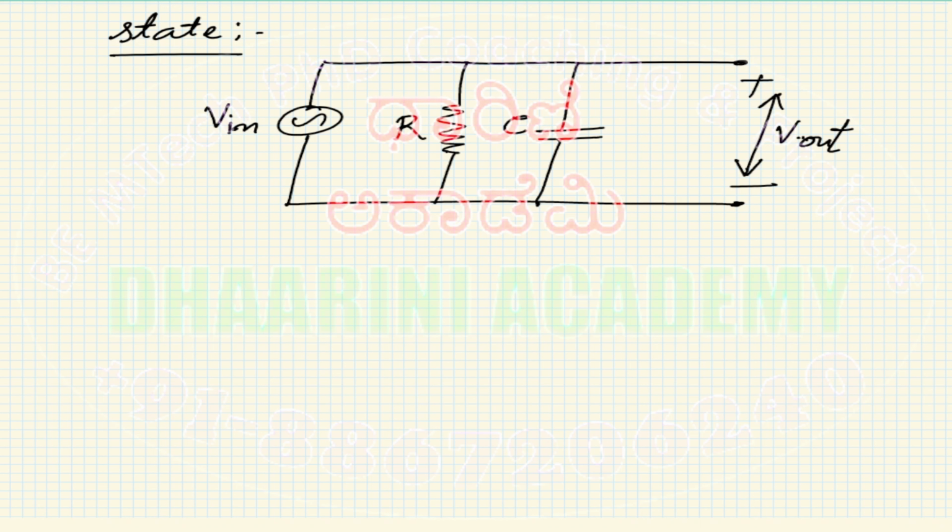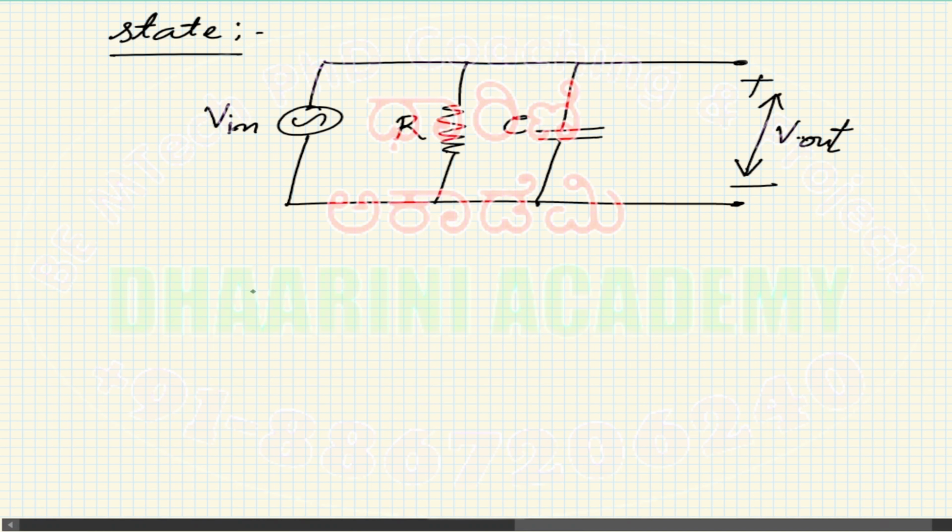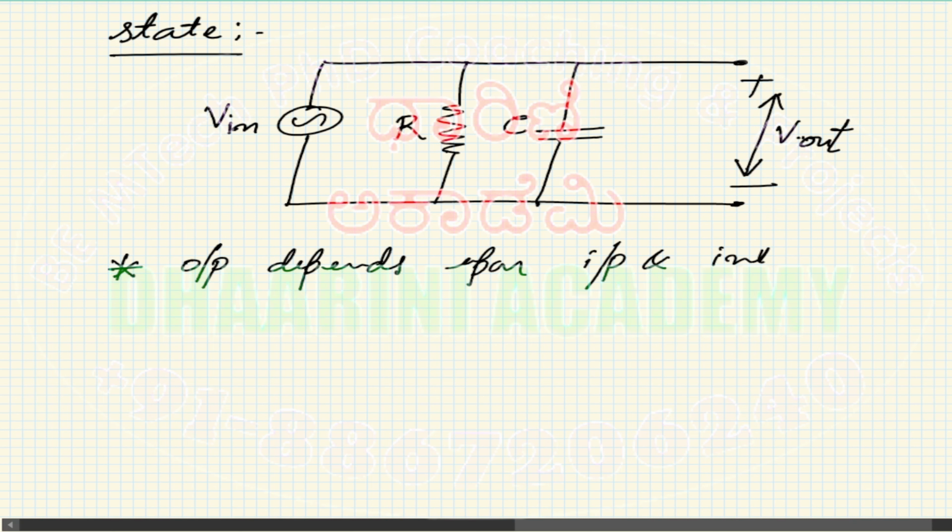Let's try to go to the exact point now. If you have a system where the output is not just dependent on the input but also on the initial condition, here this is such an example. So output depends upon the input as well as the initial condition.